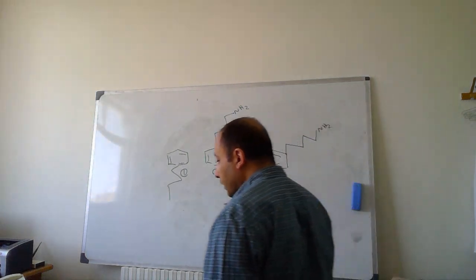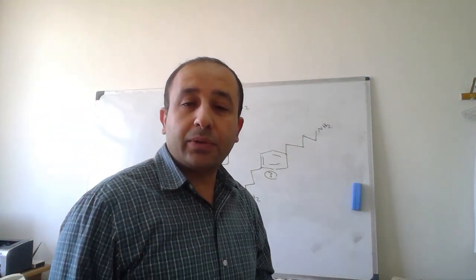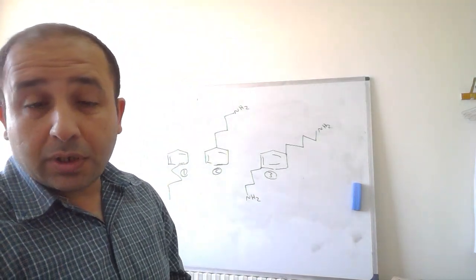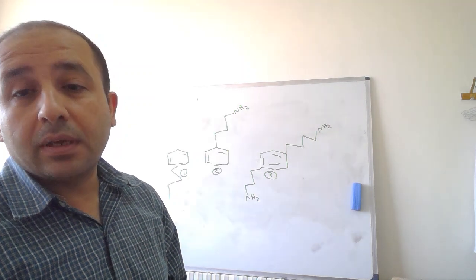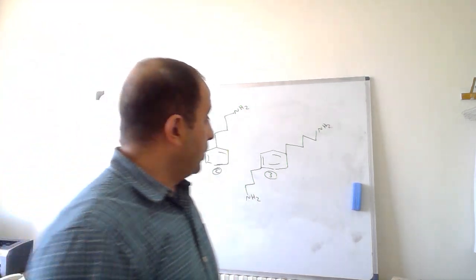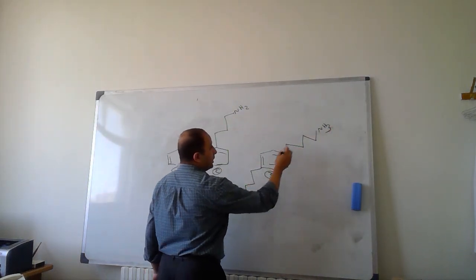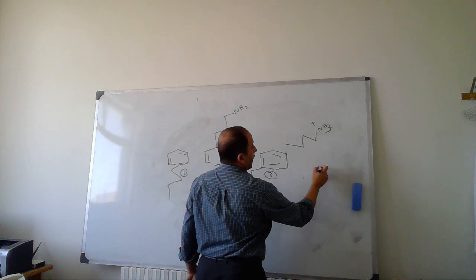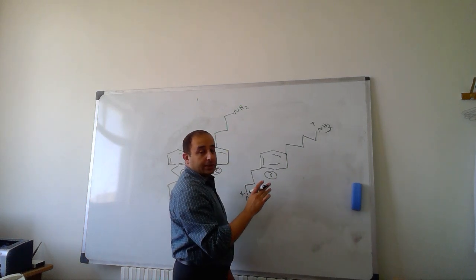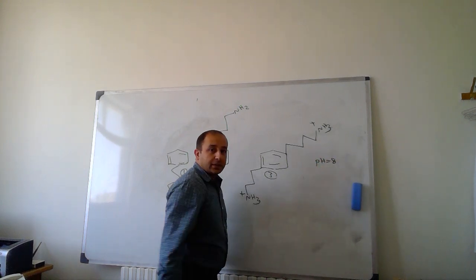So in neutral pH, an amine has a pKa of around 9, like ammonia. So in a neutral pH, the amine will be ionized. At pH 9, it will be 50% ionized. At pH 8, it will be 90% ionized.